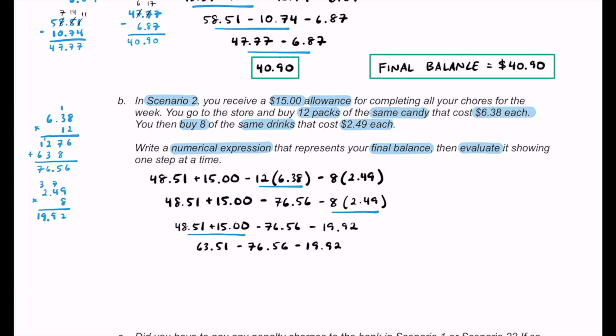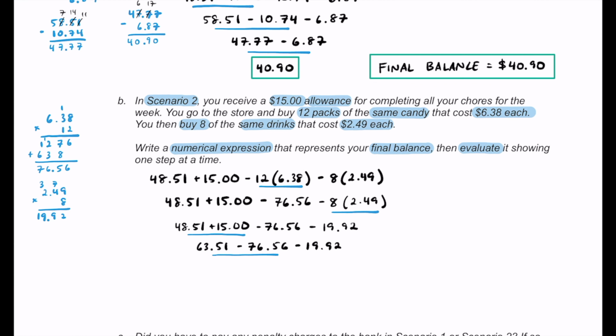Okay, so left to right in order here, we're going to take $63.51 minus $76.56. So if we do that, we're going to go into the negatives, right? So if you can't do that, we can just reverse this and take $76.56 and take away $63.51.